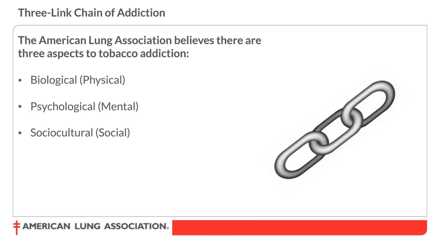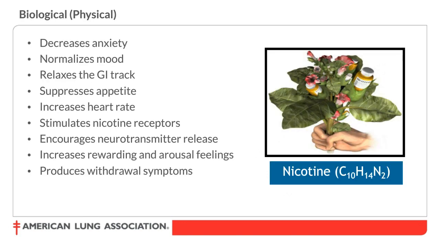As mentioned previously, the American Lung Association believes there are 3 aspects to tobacco addiction: biological, which is a physical response; psychological, which is a mental response; and social-cultural, which is the social response. Addiction occurs when a substance, like nicotine, enters the brain, activates the brain's receptors for that substance, and produces pleasure.